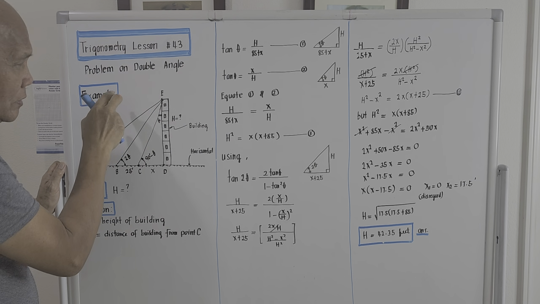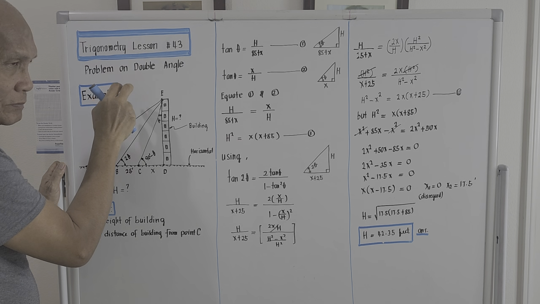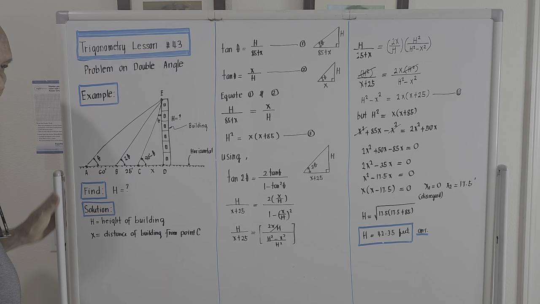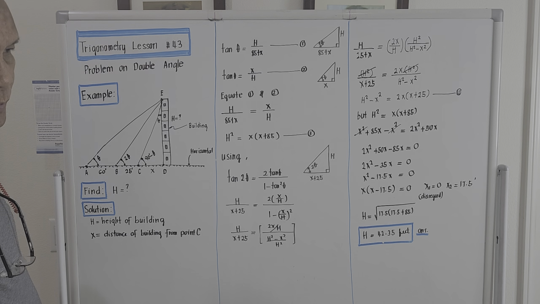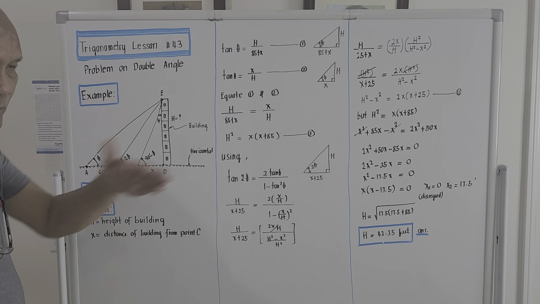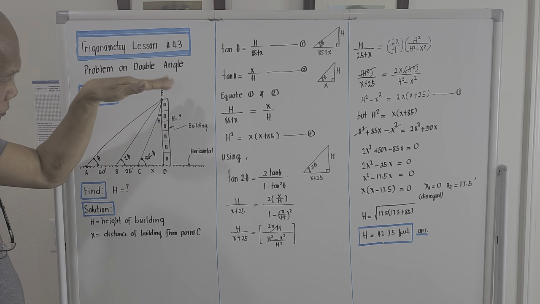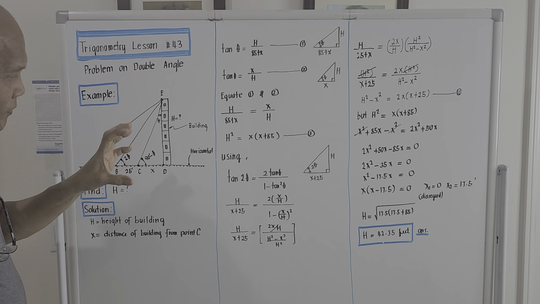Okay, the actual topic is a problem on double angles, meaning the application problem of a double angle identity, which was derived from the previous lessons. I will not write the problem on the board.